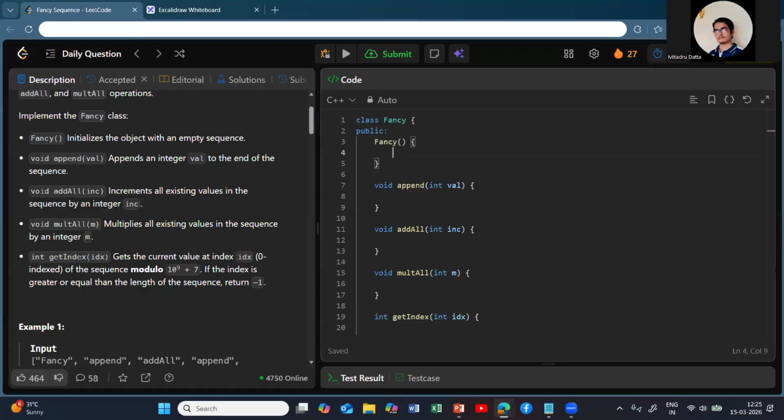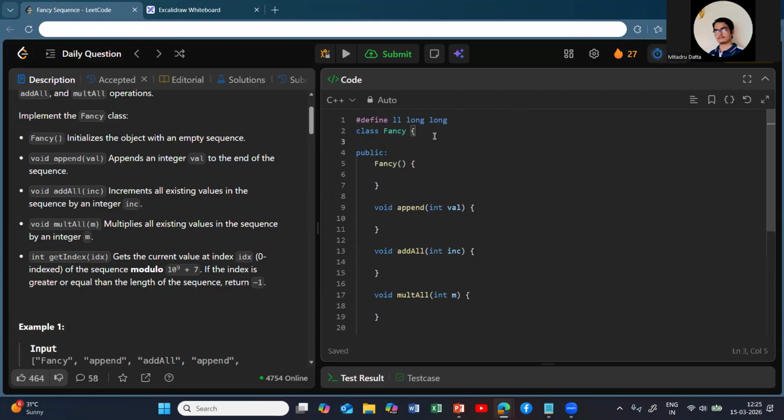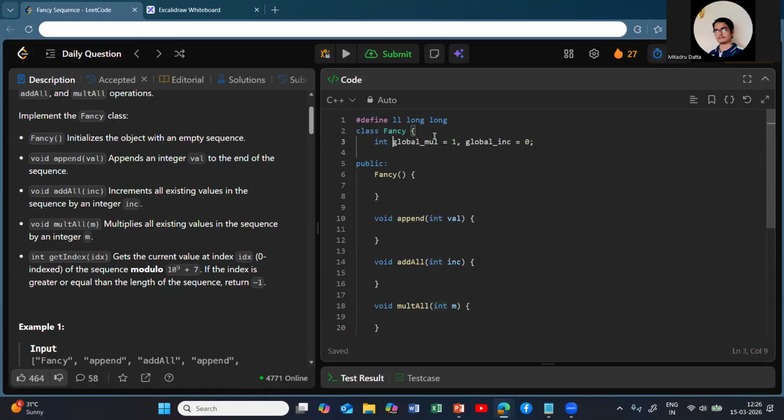Meanwhile, let's try to write this function first of all. At first, let's define hash define ll long long, because we will be using this, and I will have some private variables. The first variable, as I told, is a global multiplier, which is initially 1. Then I have a global incrementer, which is initially 0. So initially, I am multiplying by 1 and incrementing by 0.